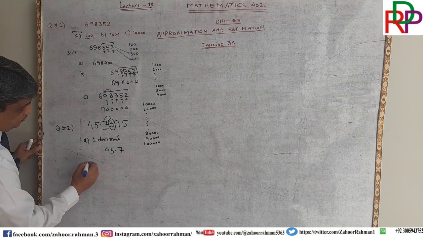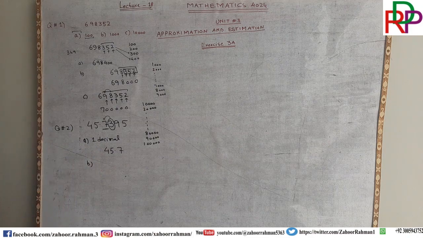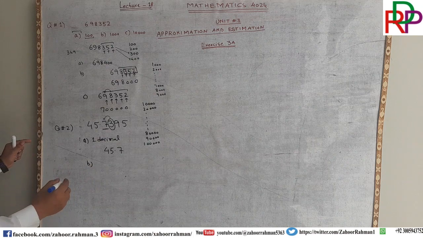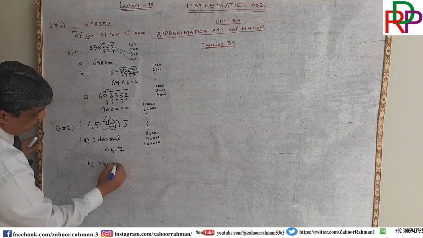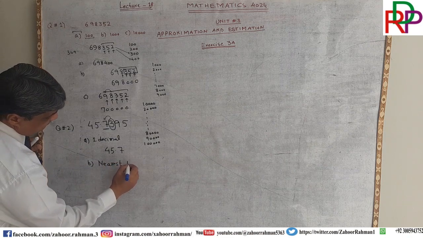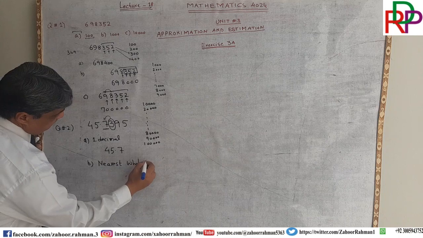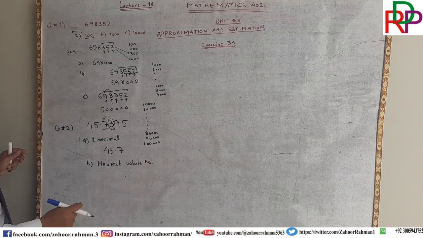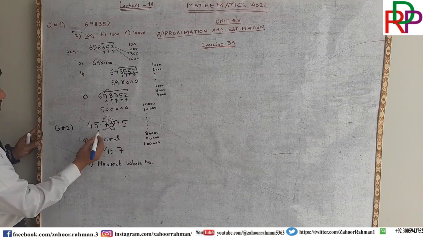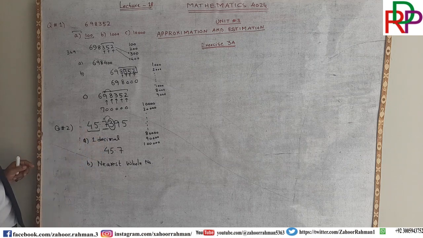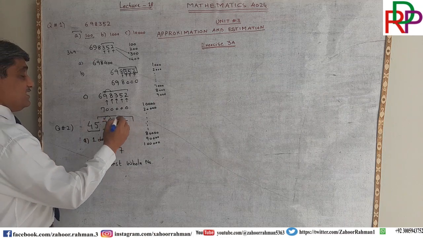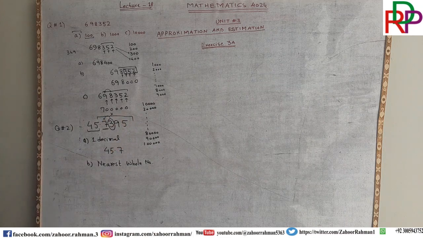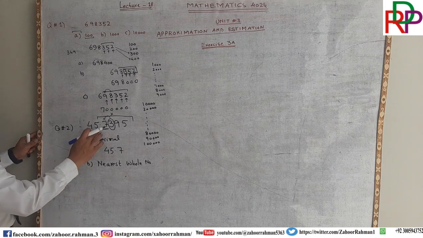Now let's move forward. The second part is saying to the nearest whole number. What does it mean? Nearest whole number means that the whole number is what is here, and we have to ignore the decimal portion because that is not a whole number.